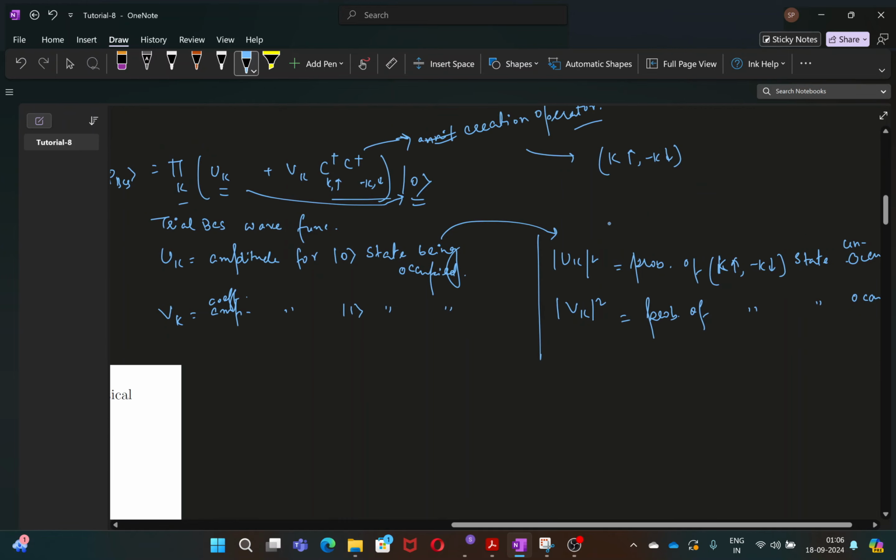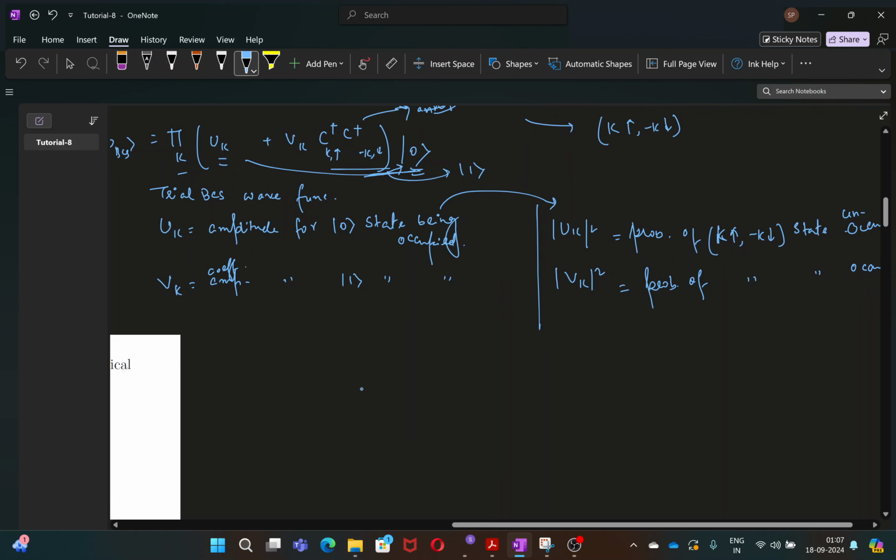That is why you can rename this state: when you operate the creation operator on the 0 state, you get a state which is 1. So you can also write this trial wave function as psi, the product over k of uk |0> plus vk |1>.